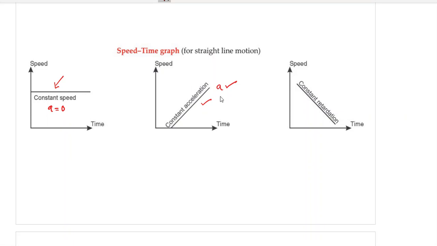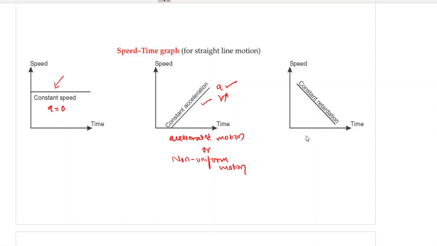Speed is increasing, so it is an example of accelerated motion, or non-uniform motion.